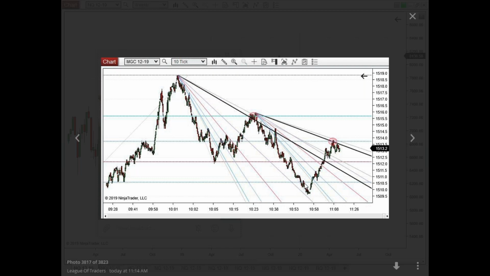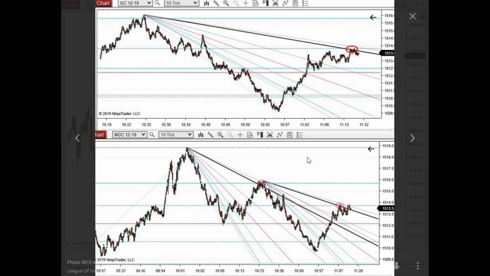Here are the two fans on the micro. Notice how it hit that, and it also corresponded to some nice Fibonacci retracement. The Fib retracement was based upon the bigger upside move over here. You can't really see it, but it's based on the upside move over here. And so momentum was starting to pick up on that move.